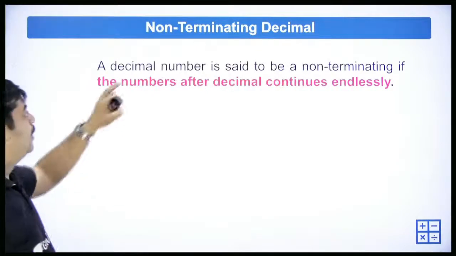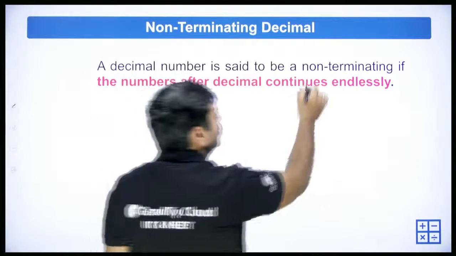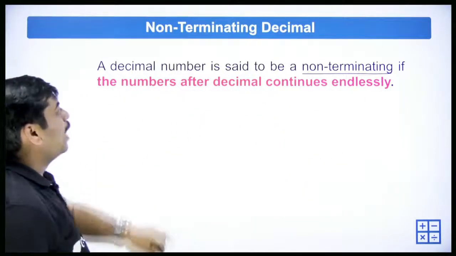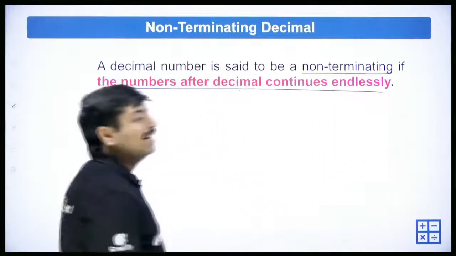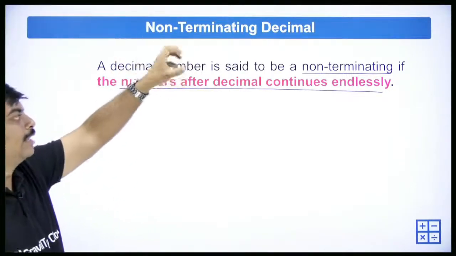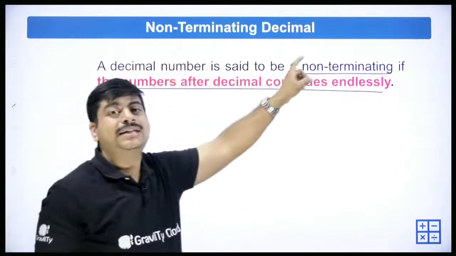A decimal number is said to be non-terminating if the numbers after the decimal continue endlessly.